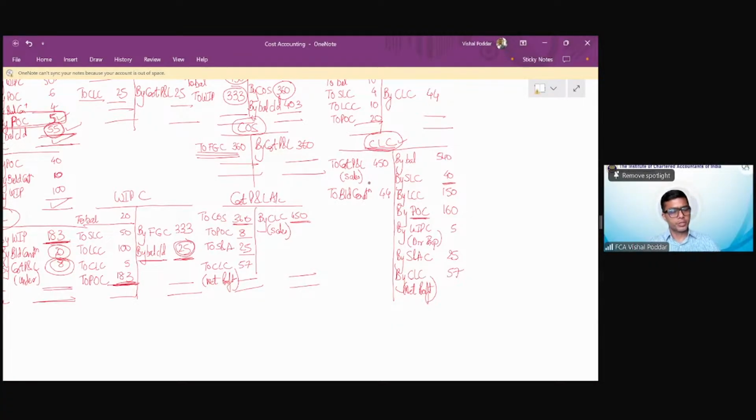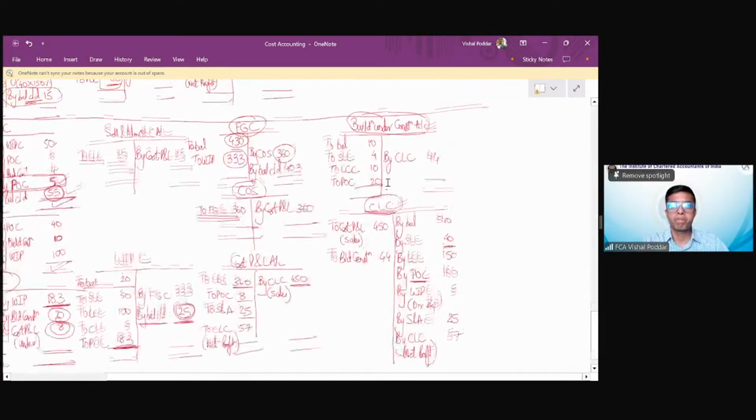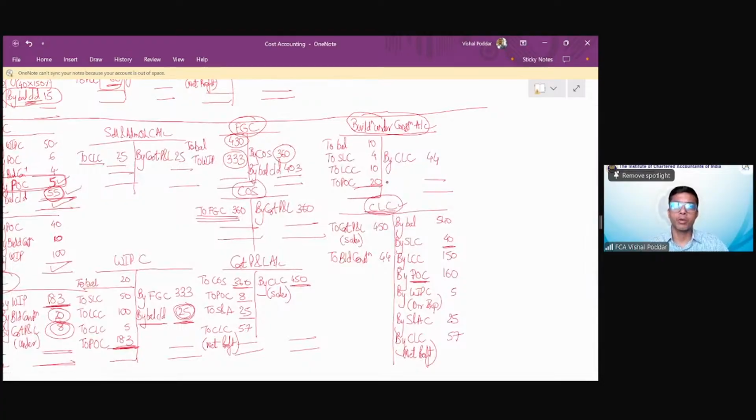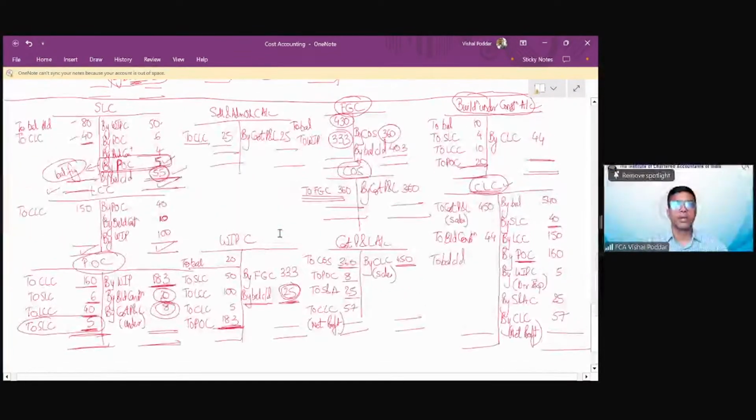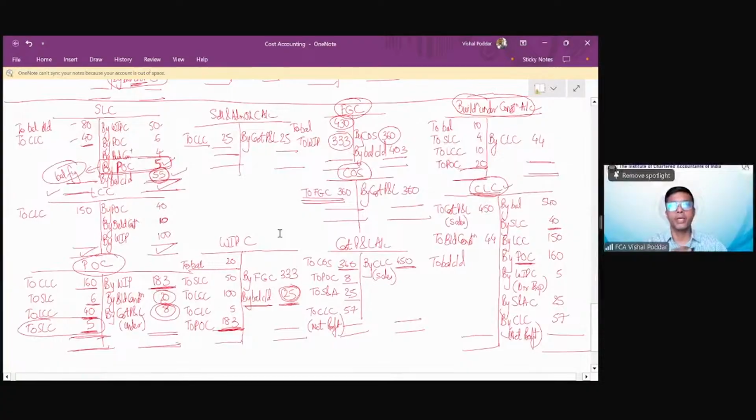Is this clear, students? Understood? Building construction is already closed by transferring it to CLC. Now I'll have my balance in my CLC account. Students, have you understood the transactions completely?